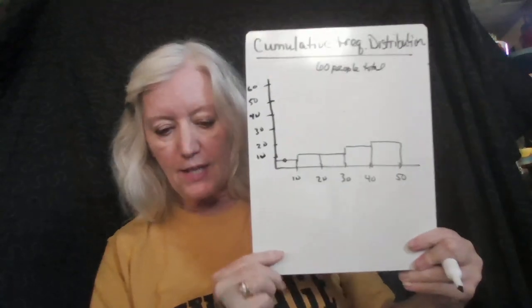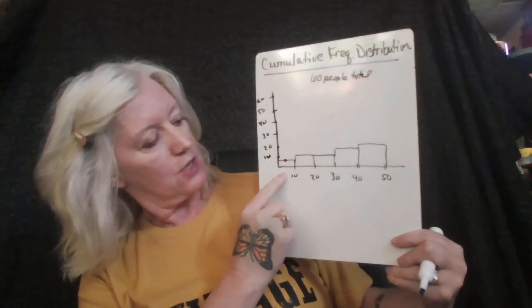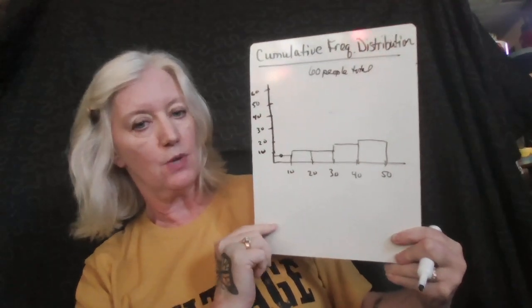Okay, so now when we make our cumulative frequency, we're going to put a dot at the center of the interval. So that dot right there represents that there are 5 people who are between 0 and 10 years old. And then between 10 and 20, there were 10 people, but now we're doing a cumulative.